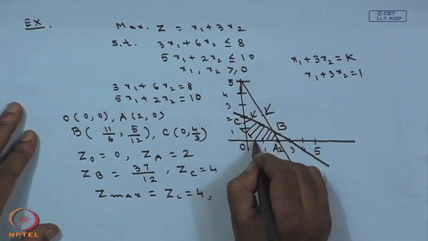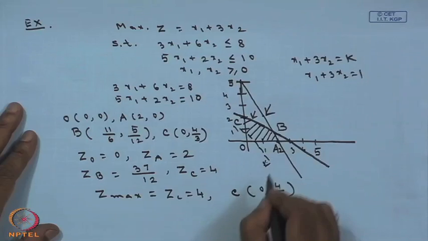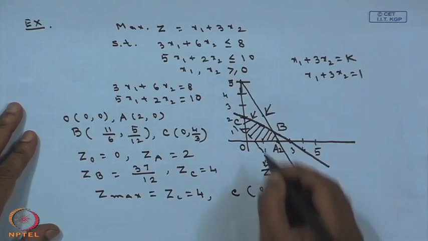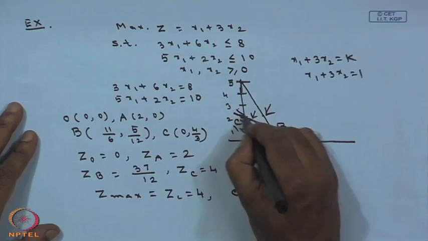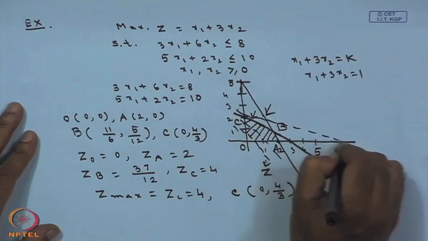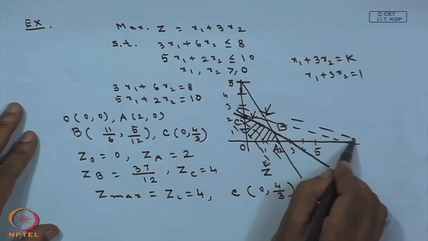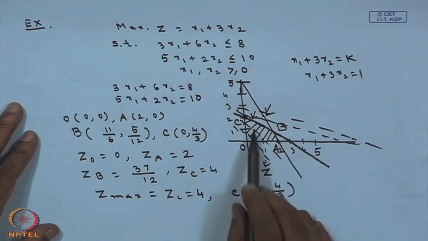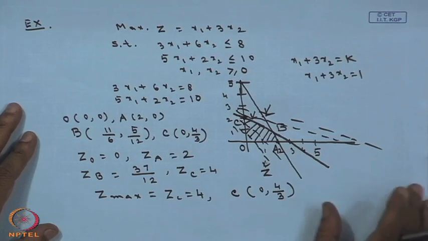Say this line is the dotted line, this is the function for z, and you are moving further this way. Maybe at some point it will cut by touching the point C, and after that it will move further away. So, your C will be the optimum value of this one. So, by this way I can obtain the graphical solution of this one.